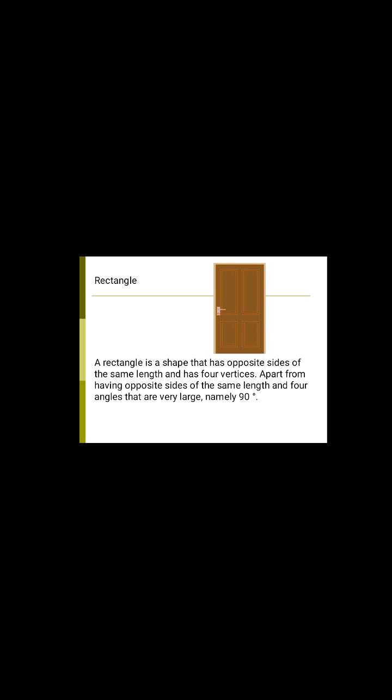Rectangle. A rectangle is a shape that has opposite sides of the same length and has four vertices. Apart from having opposite sides of the same length and four angles that are right angles, namely 90 degrees, a rectangle has other properties, including: first, has two equal diagonals.